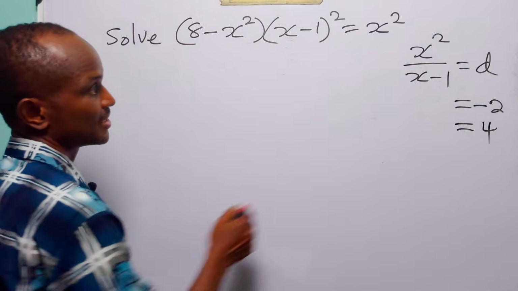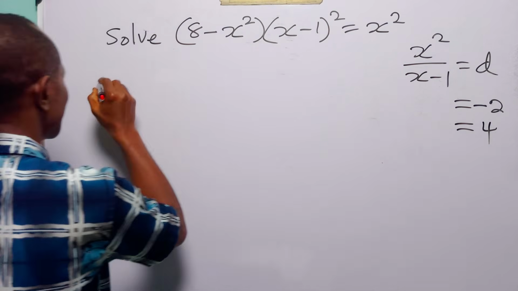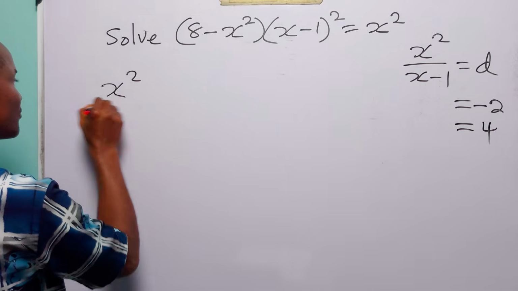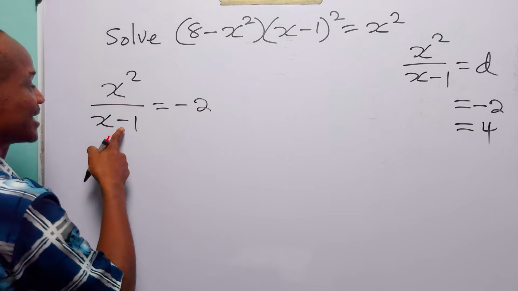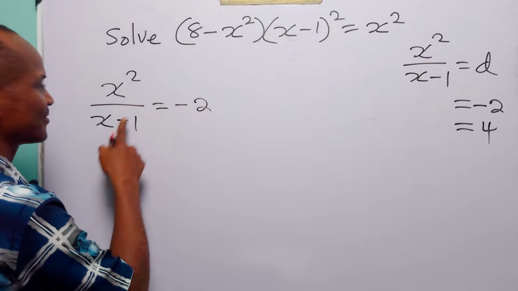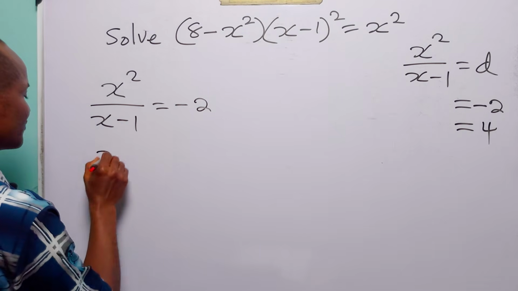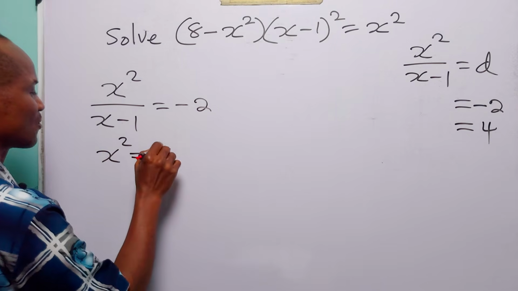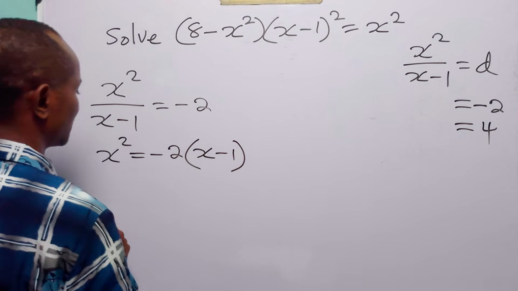Now, in the first case, we have that x² over x - 1 is equal to -2. Now, to get rid of this fraction, we multiply through this equation by x - 1. When we do that, we have that x² is equal to -2 times (x - 1).